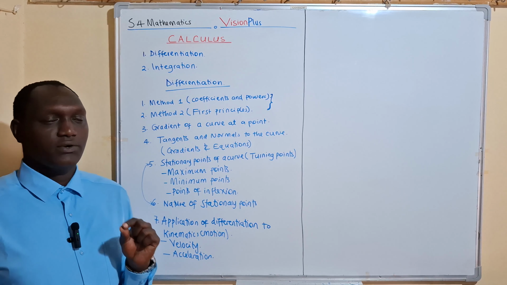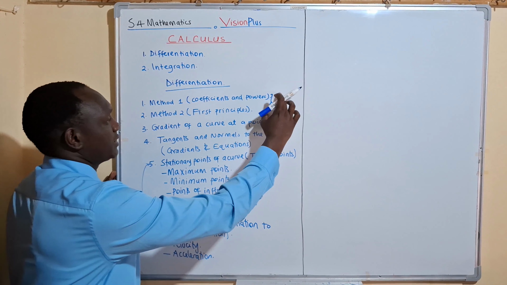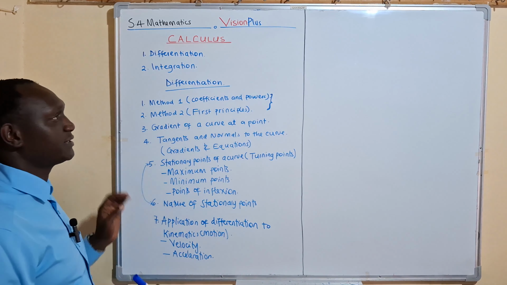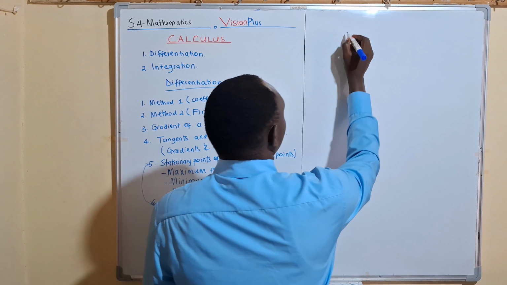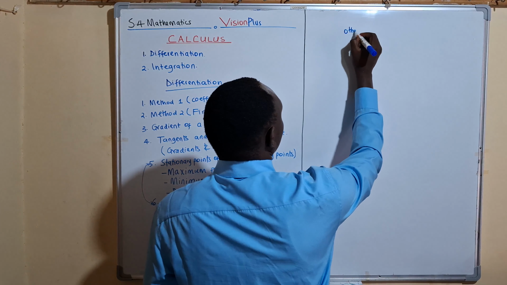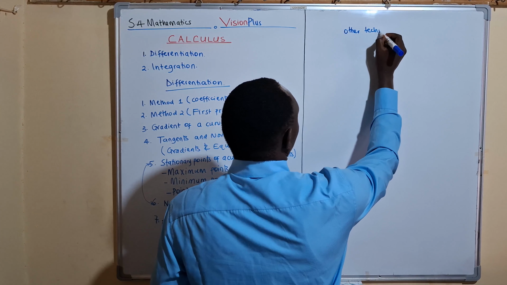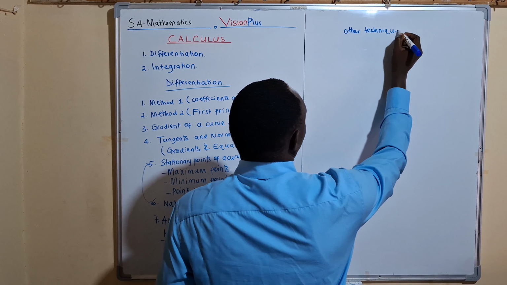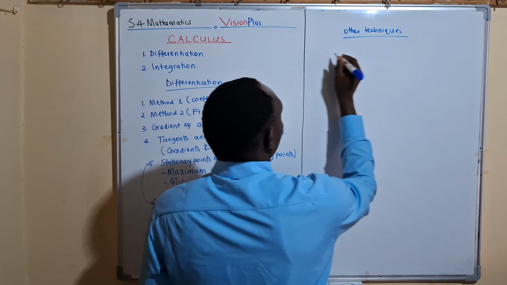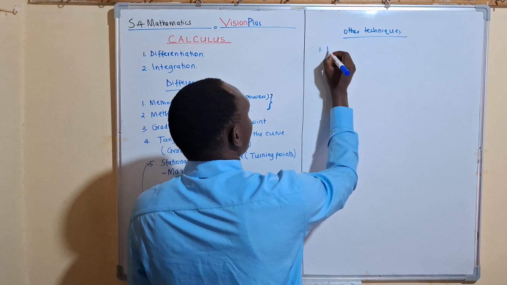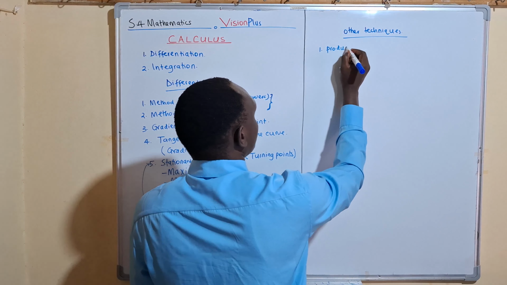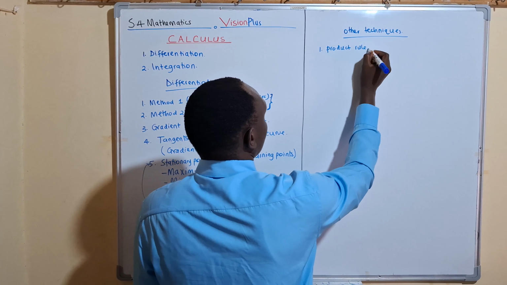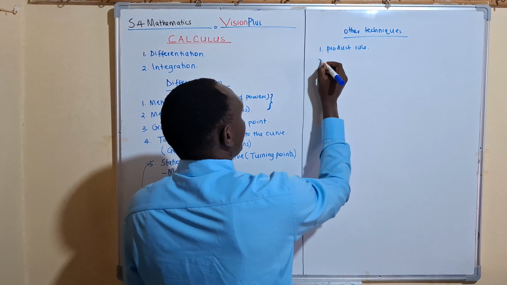And if you look here closely, I have quoted only two methods of differentiation, but we have very many other techniques. We have other techniques of differentiation. One, we have what we call product rule. We have what we call quotient rule. Quotient is division.